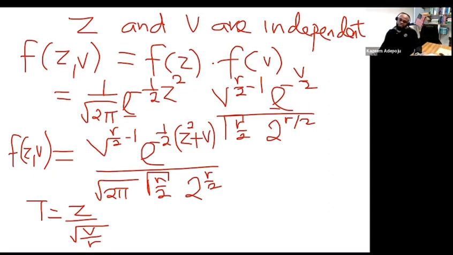So I think we need to create an artificial variable. Maybe I can just say artificial variable u, but the artificial variable that I'm going to create must have something to do with the denominator. The variable in the denominator is v. I'm going to say u equal to that.